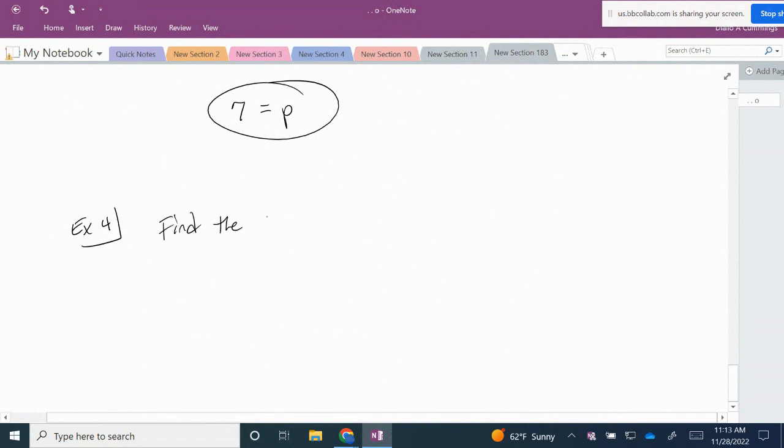Find the focus, directrix, and the vertex for x is equal to 1/8 y squared.